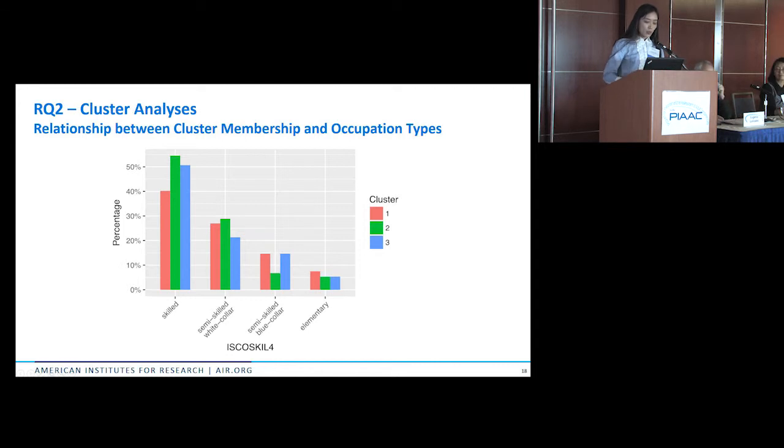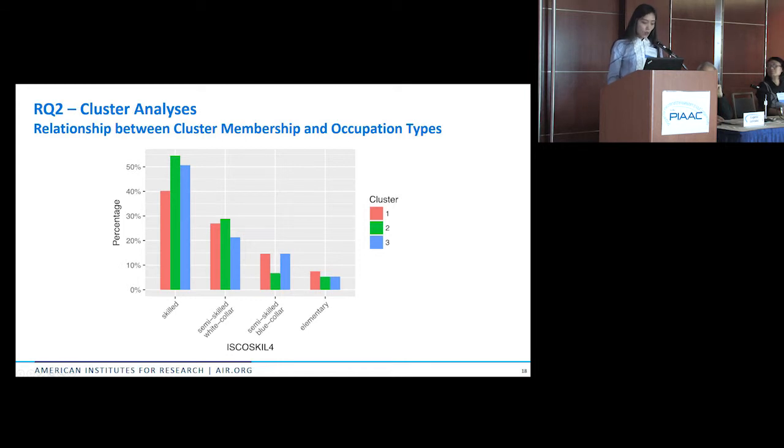For cluster 2, it has the highest percentage on the skilled occupations and semi-skilled white-collar occupations. For cluster 3, to our surprise, it doesn't have the highest skilled occupations, but it has a pretty decent proportion of semi-skilled blue-collar occupations.